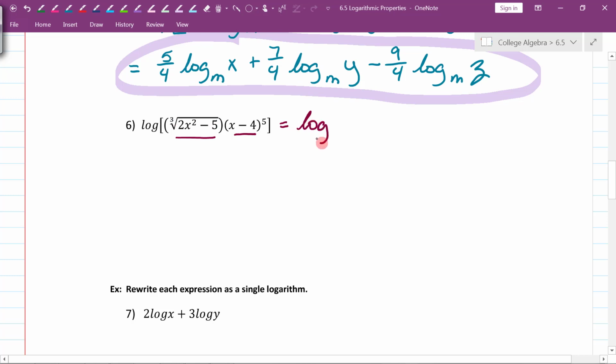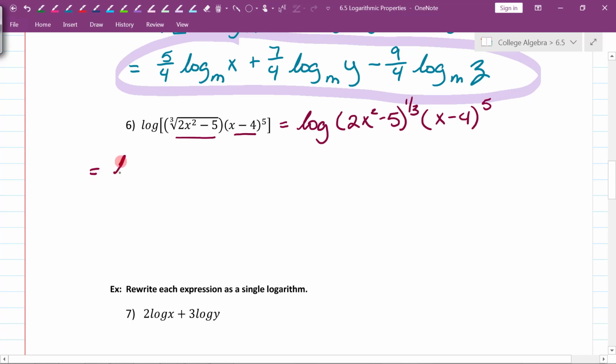So this is going to be log base 10 of 2x squared minus 5 raised to the 1/3 power times x minus 4 raised to the 5th power. Again, remember, this is a factor like m. This is a factor like n. So in essence, I have two factors multiplied by each other, which means I can separate them into addition.